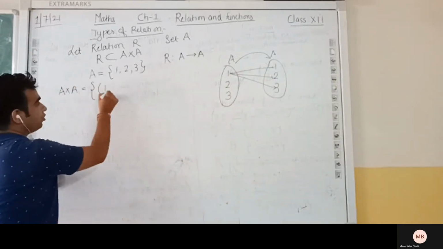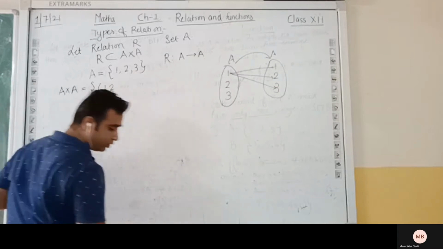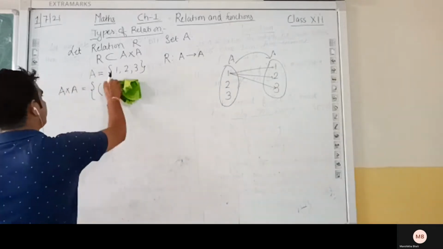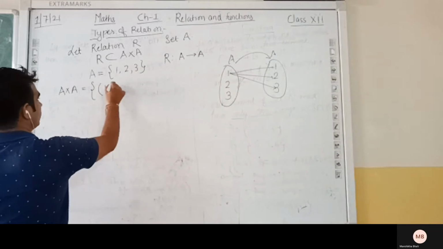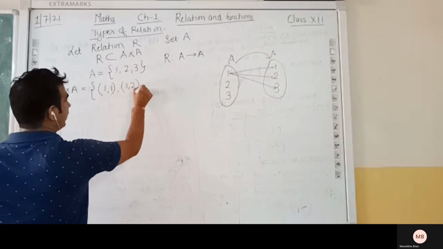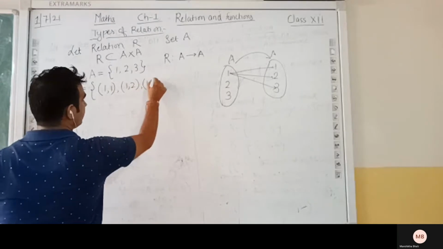So we can write here 1 comma 1, then 1 comma 2, then 1 comma 3.